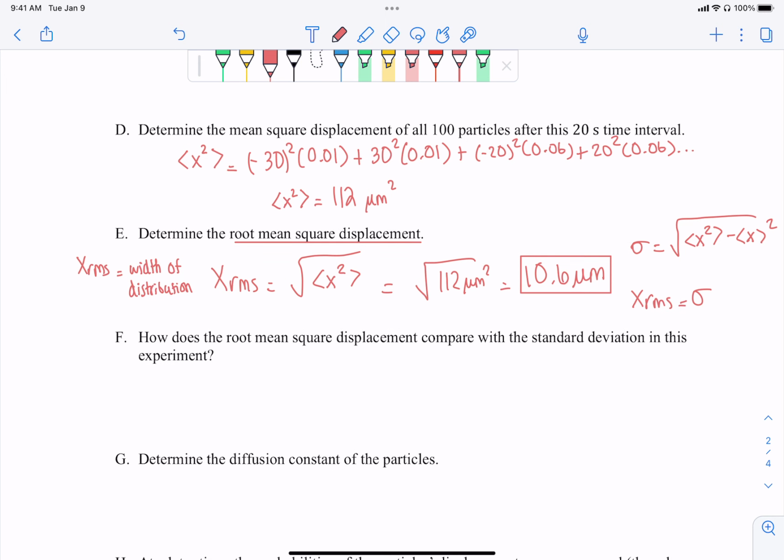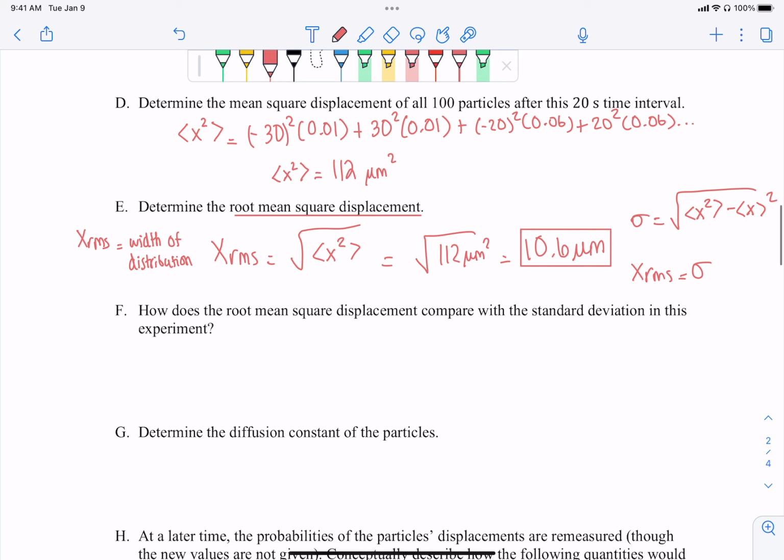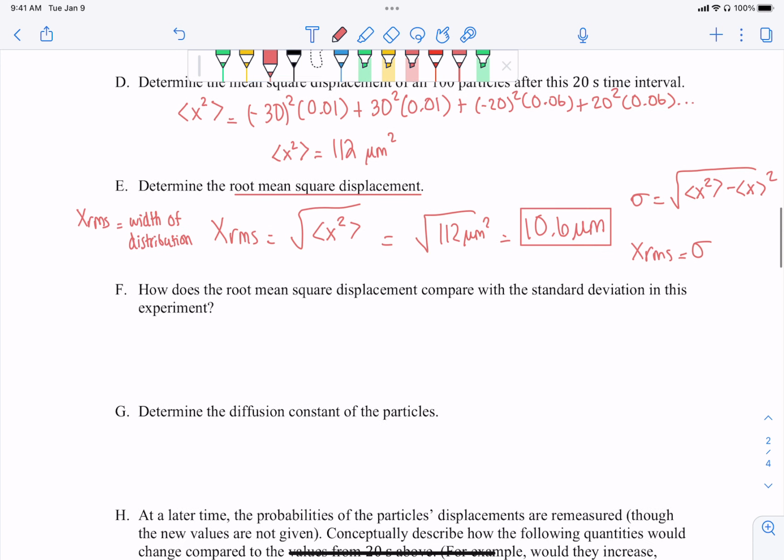Okay. So if there aren't any other questions about part E, part F is how does the root mean squared displacement compare with the standard deviation?